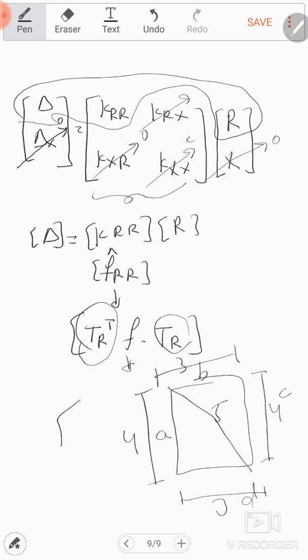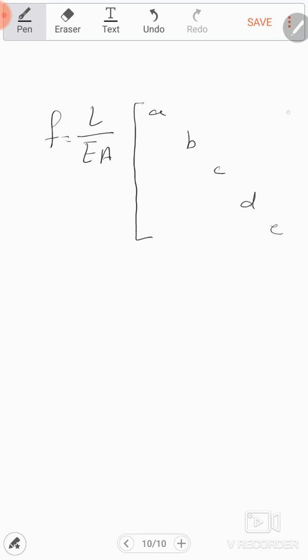And E by Pythagoras, 4 squared plus 3 squared, you will get 5. When you substitute these values for small f, the rule of small f is L over EA, for A, B, C, D, E.